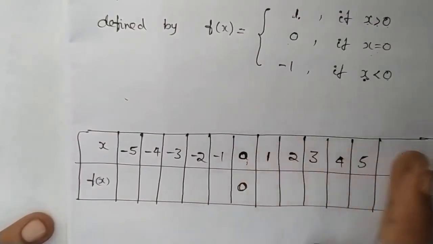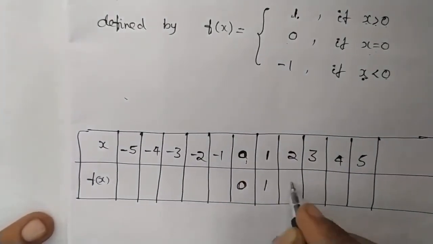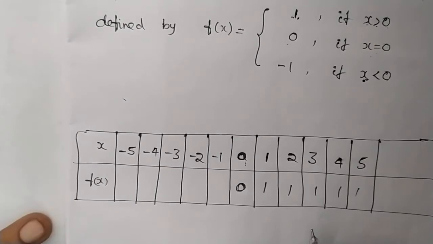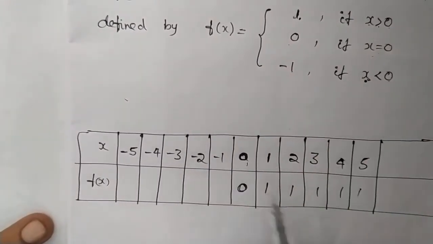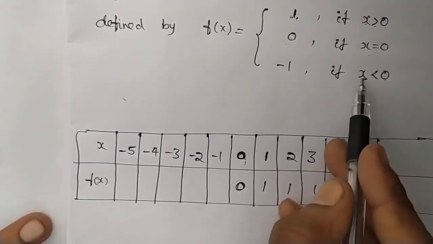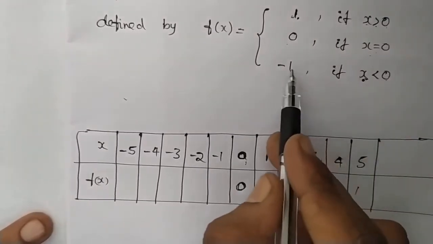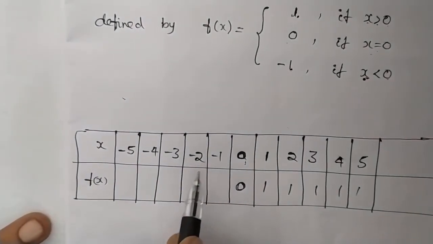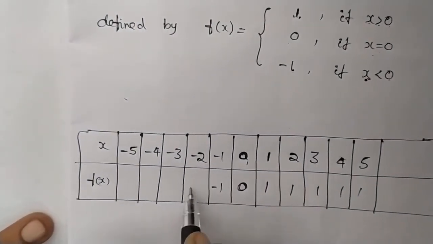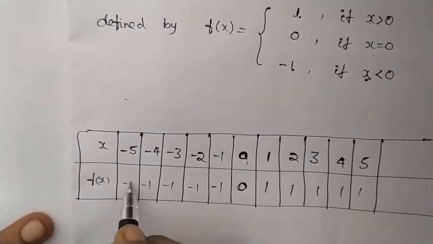For all the positive values, we should take plus 1. If the value of x is negative, it is minus 1. Whatever the value will be, if it is negative, we should take minus 1.